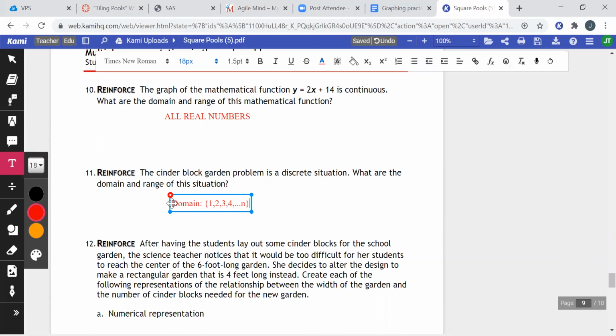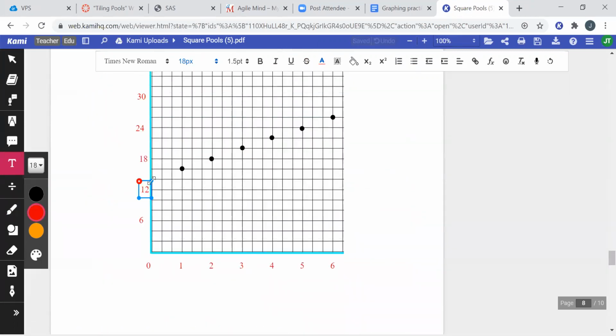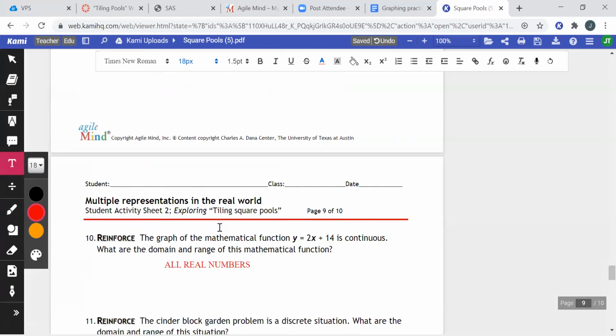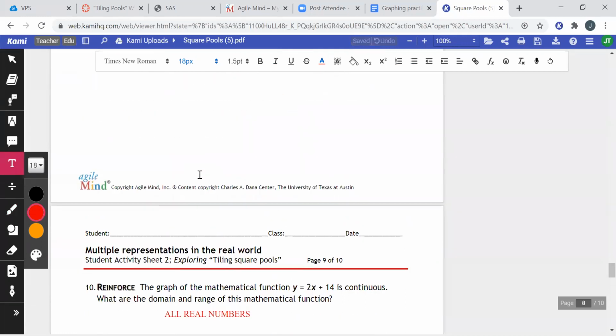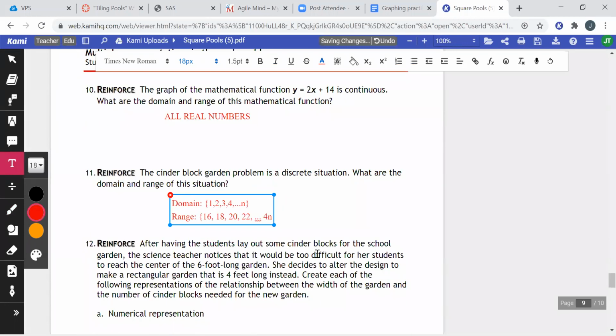And range started at 16 and kept going up. 16, 18, 20, 22, all the way up to, well, whenever we have an n, we multiply it by 2 and add 14. That's what we had. 2n plus 14.